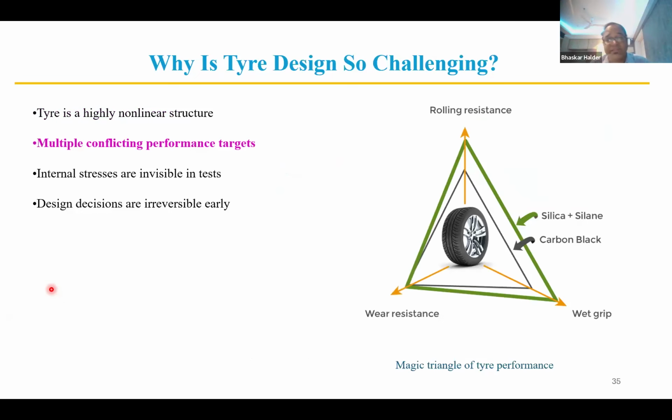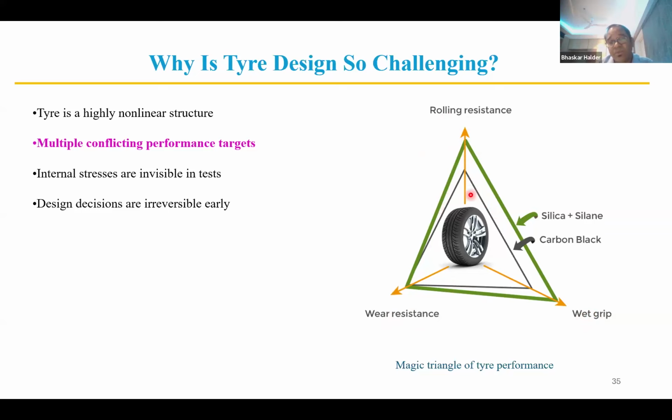Another thing is that this is a very conflicting performance target. If you see this triangle, it is called the magic triangle, because everybody wants the tire rolling resistance to be low, better grip, and the wear resistance to be high. But in the tire properties, when we lower the rolling resistance, what will happen is that grip is adversely affected. So there should always be a balance while we are designing the tires.